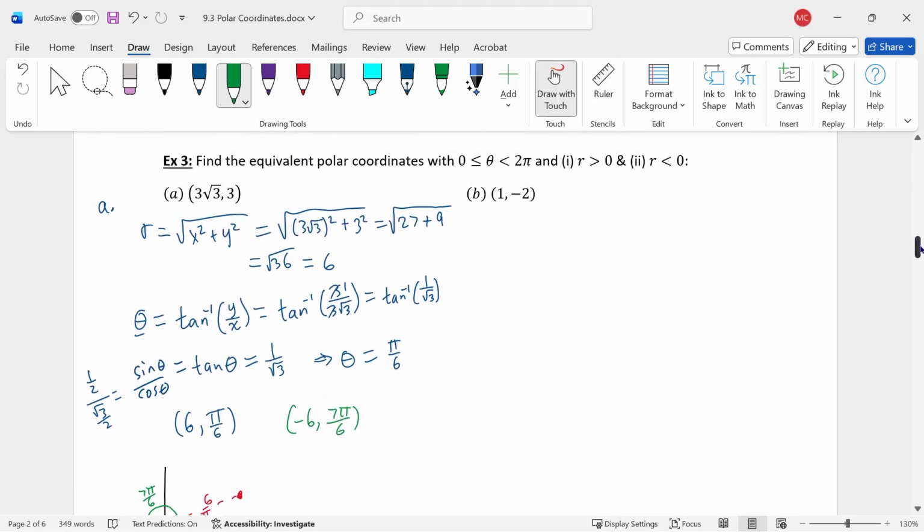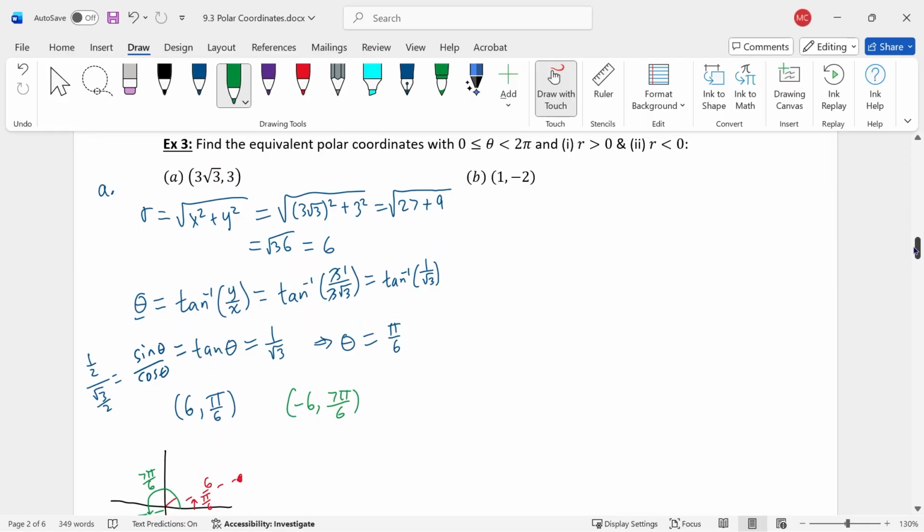Okay, back to part B here. And it's the same thing. R equals the square root of 1 squared plus negative 2 squared. That's the square root of 5. And theta equals tangent inverse of negative 2 over 1.